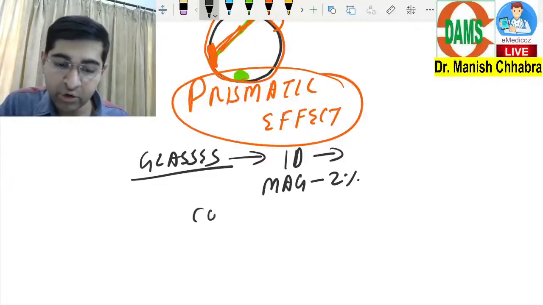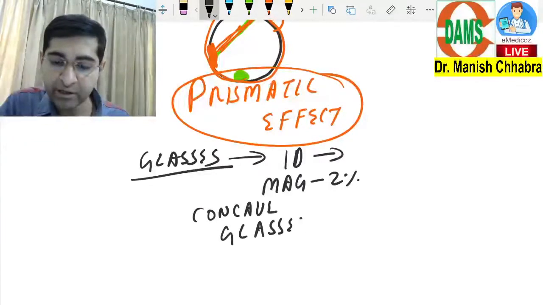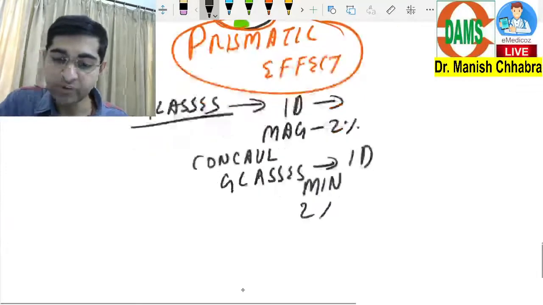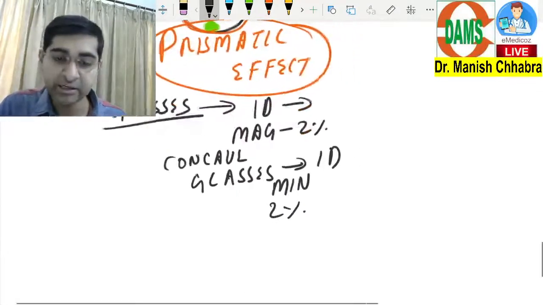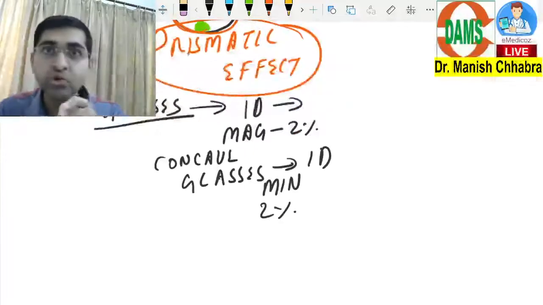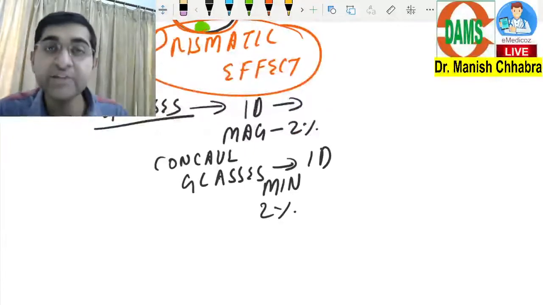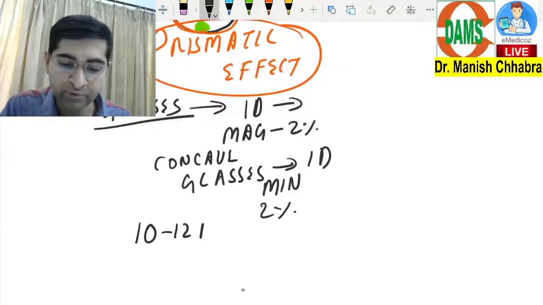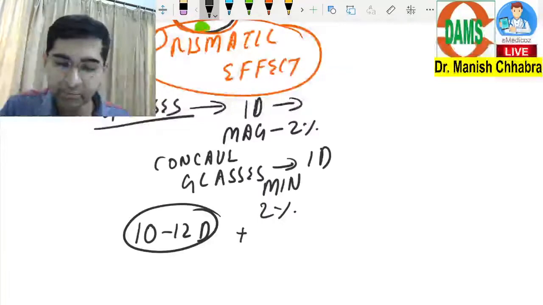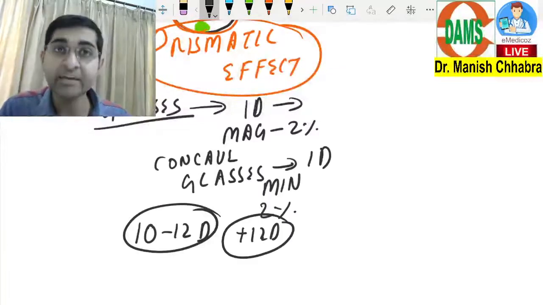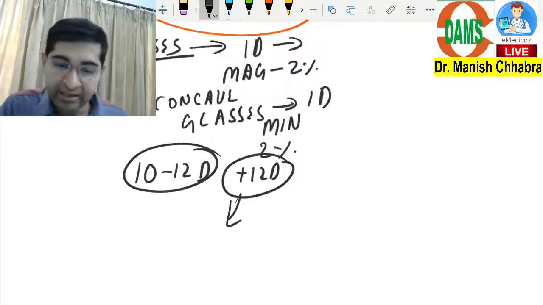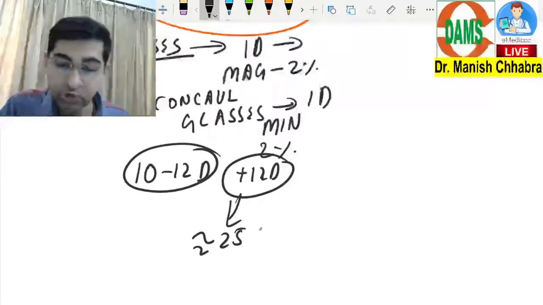Similarly, for concave glasses, for every 1 diopter there is minification of 2%. I told you what the power of the glasses that we are going to give will be: 10 to 12 diopter. Let's take plus 12 diopter for the time being. So the amount of magnification will be of the order of 25%.